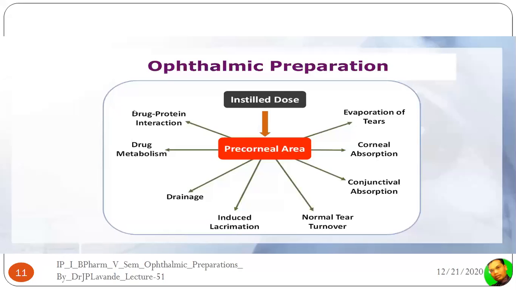So some of the drug which is instilled into the eye, into the precorneal area, will get protein bound, will get metabolized, will get drained, will induce lacrimation and get washed away along with the normal tears, and some of the drug will get absorbed by the conjunctiva and the cornea, and some of the content will get evaporated, right?